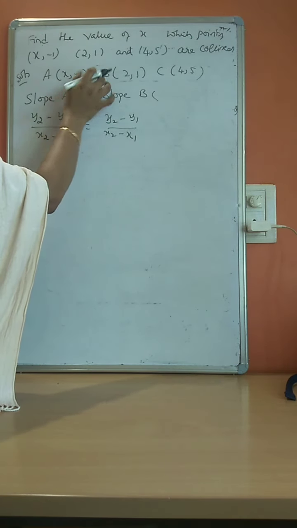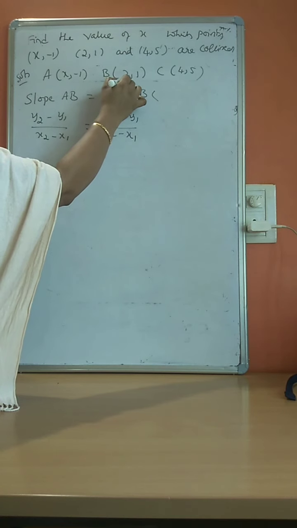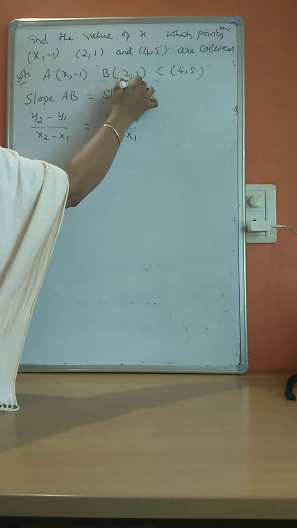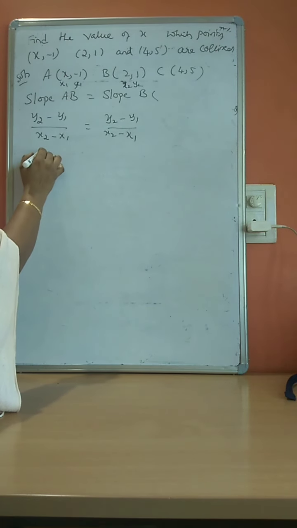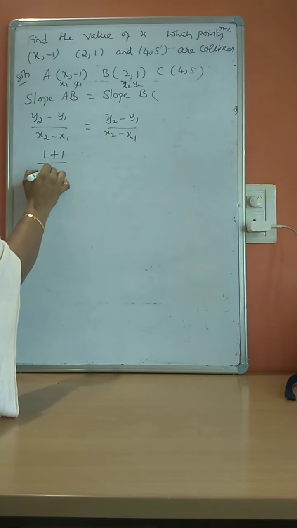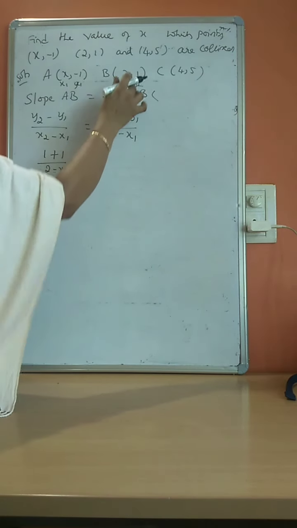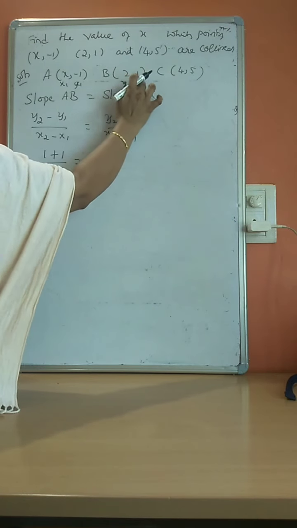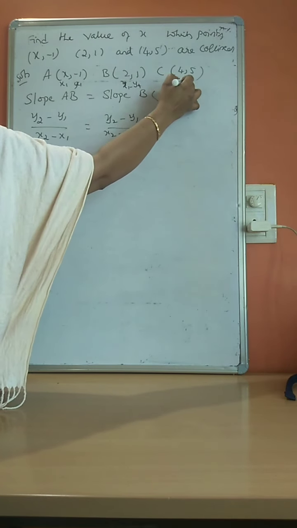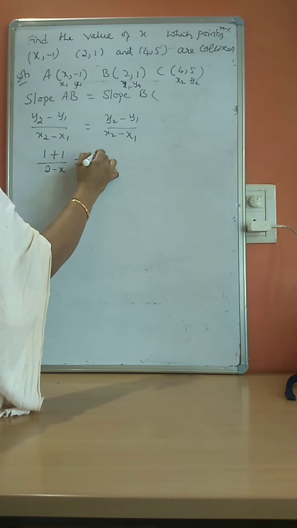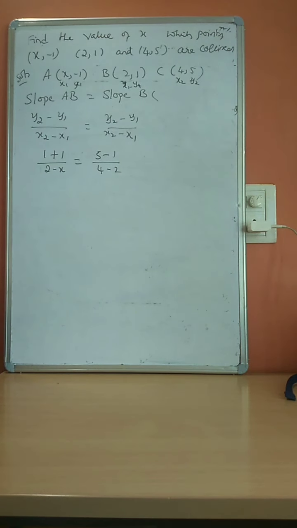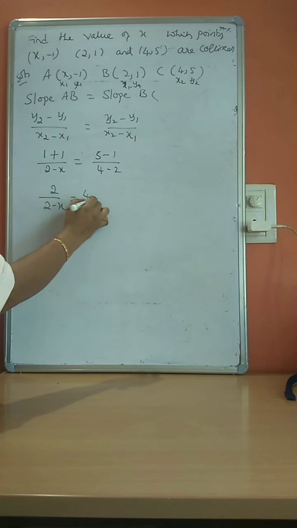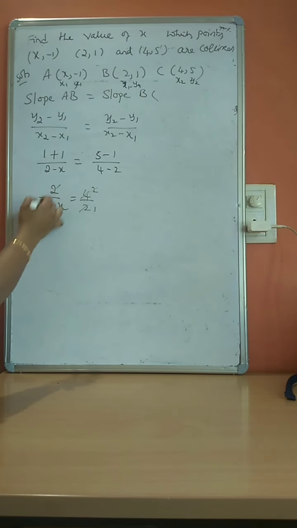Comparing the two, y2 is 1 plus 1 divided by 2 minus x must be equal to 5 minus 1 divided by 4 minus 2. Simplifying, 2 divided by 2 minus x equals 4 by 2. 2 ones are 2, 2 twos are 2, the 2s get cancelled.